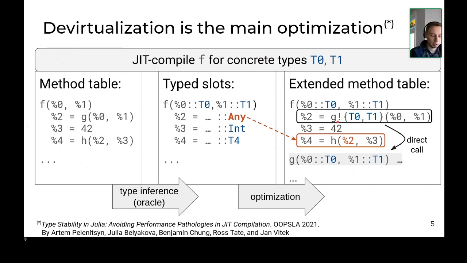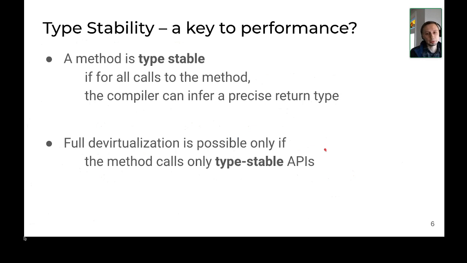All this is predicated on knowing the exact method that we will call at runtime. So we come to the conclusion that being able to infer a precise type for a method call is paramount, and it enables devirtualization and many other optimizations as well.